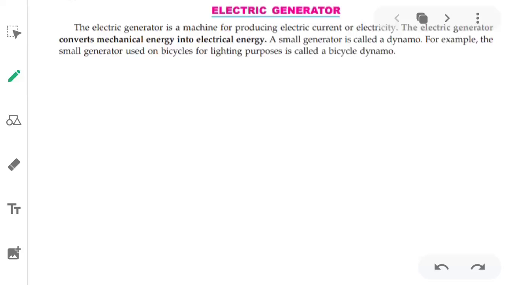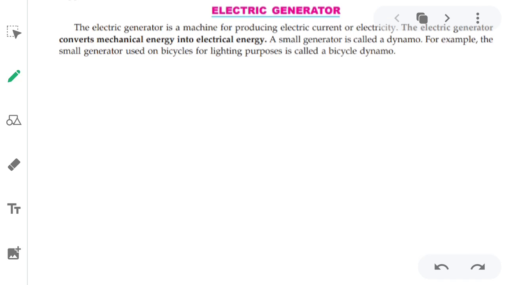Hello students. In our last video we studied Fleming's right hand rule, and we learnt about electromagnetism, which is electricity from magnetism, where we studied that if we rotate a current carrying conductor in a magnetic field, then current is induced in that conductor, which means that current starts flowing in that conductor.